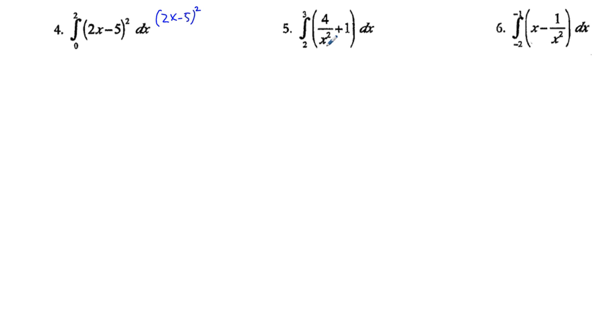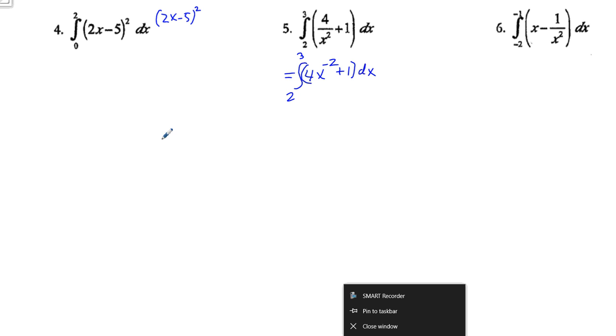And problem 5, you're going to get from 2 to 3 of 4x to the -2 power plus 1 dx. Okay. Should be able to get all those right. And then we're going to proceed to more complex problems after the break. Good luck and thanks for viewing.